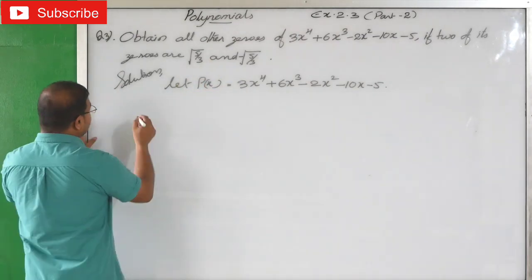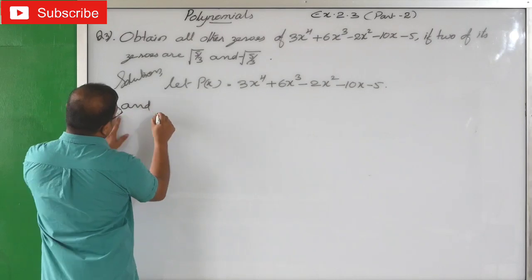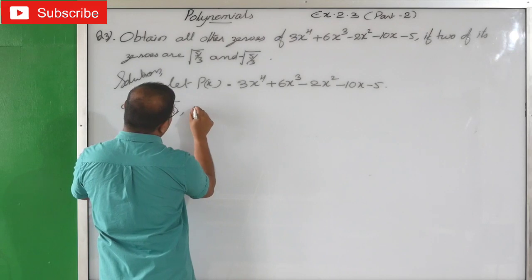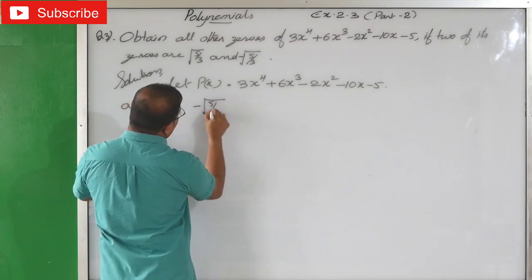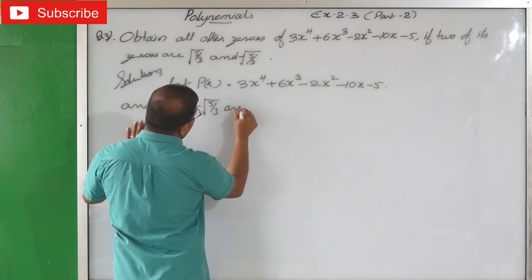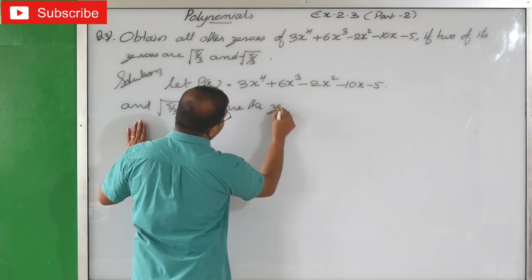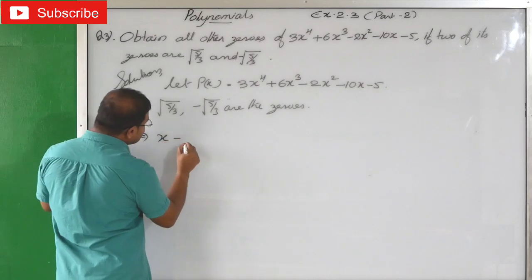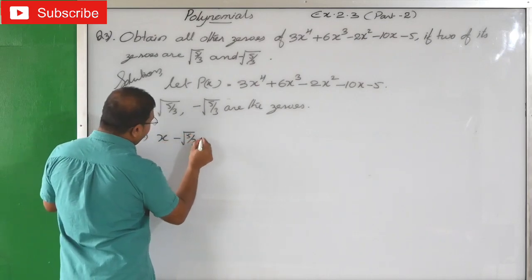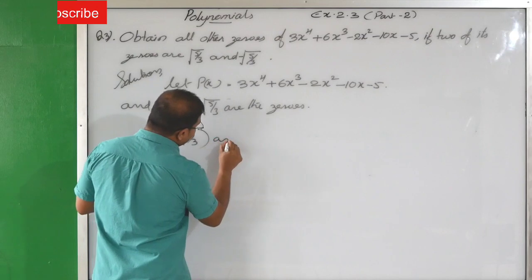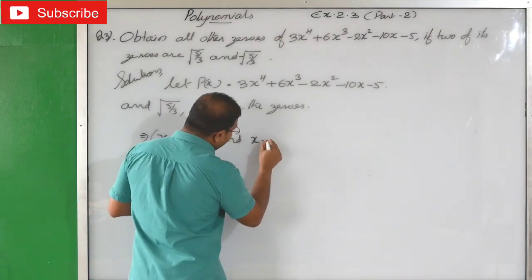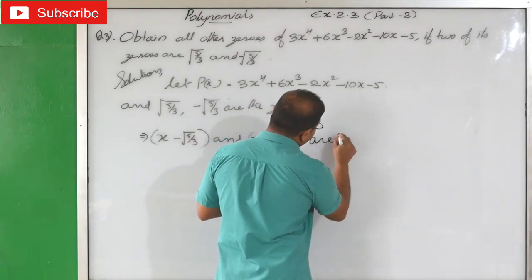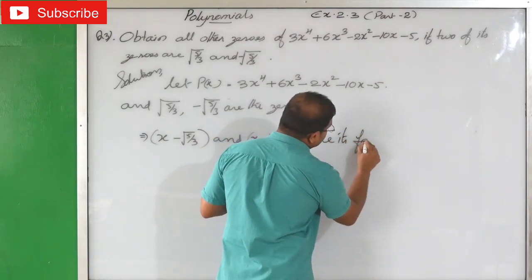That means root of 5 by 3 and minus root of 5 by 3 are the zeros. This implies x minus root 5 by 3 and x plus root 5 by 3 are its factors.